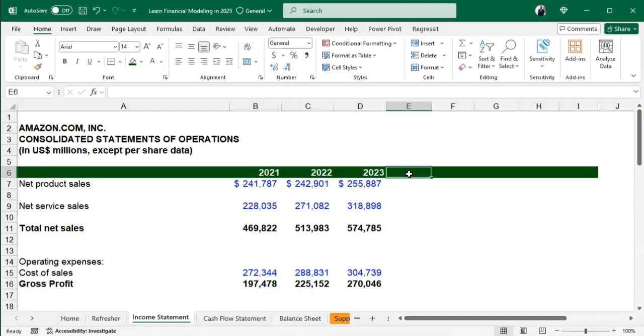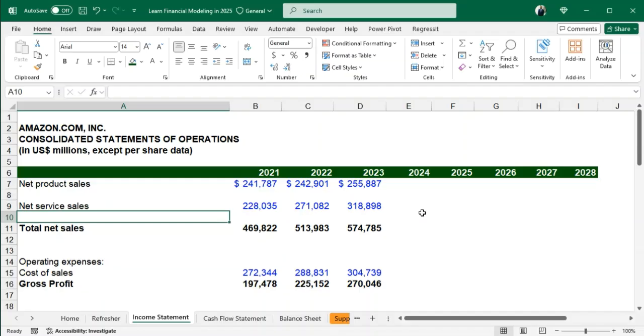All right, now having that, I have my historical 2023, which is the last historical year, and then I'm going to add 1 to that. So that will give me 2024. So you are projecting from 2024 through to 2028. So using Control R, this is going to give me that. All right, and then I can also bolden that using Control B. All right, so that is what we are having there as reformatting.